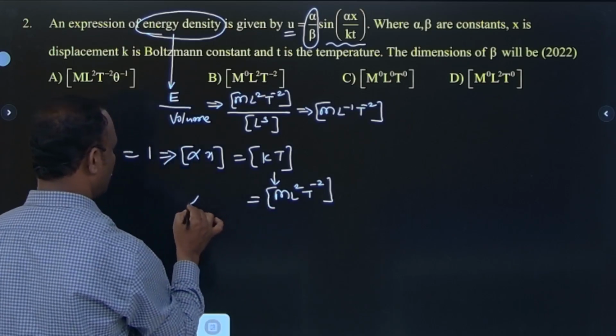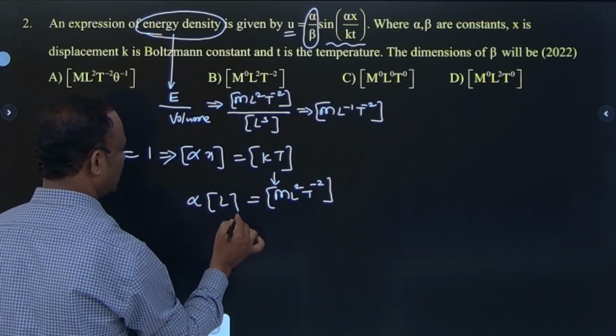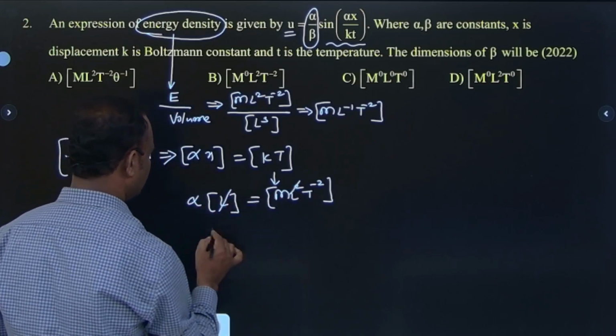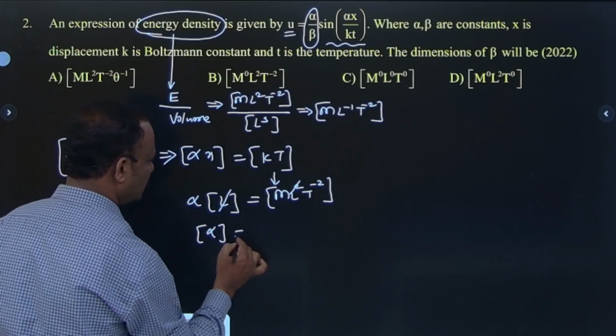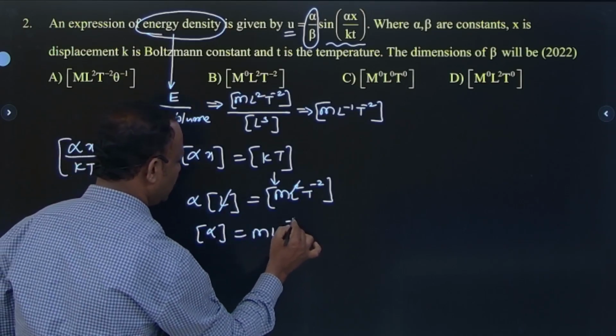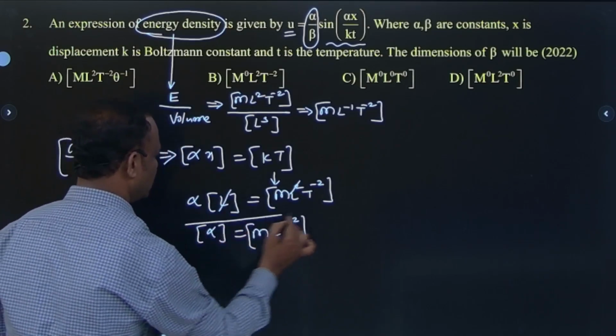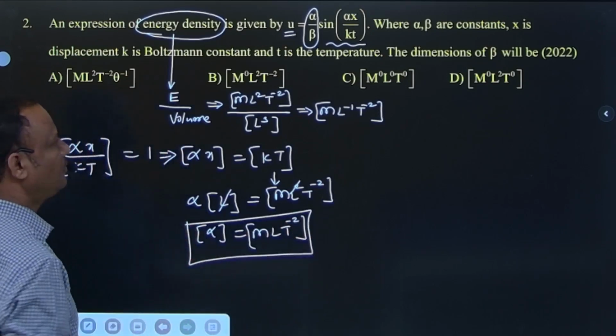X is L, and L and L cancel. So the dimensional formula of alpha is ML T minus 2.